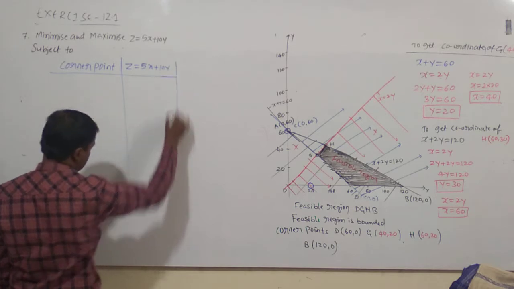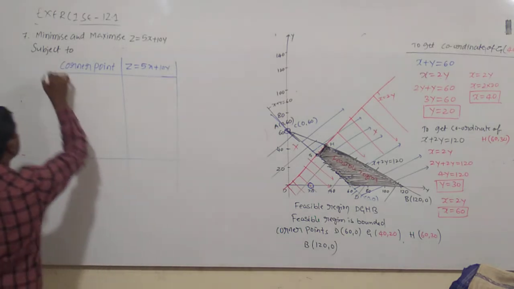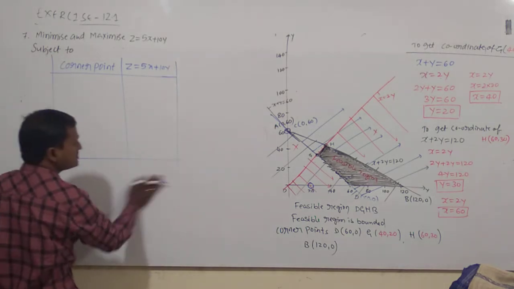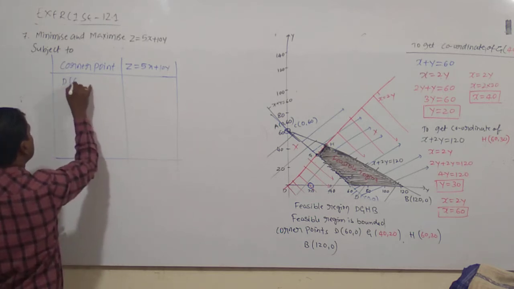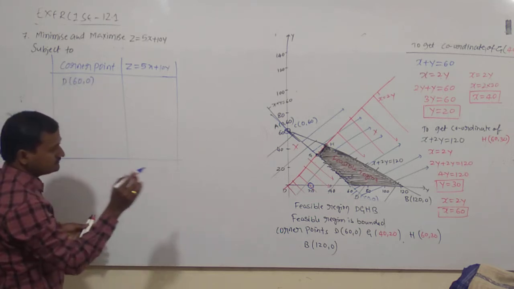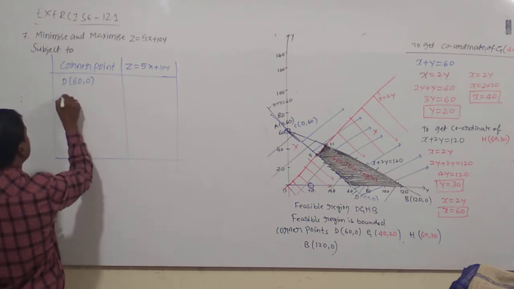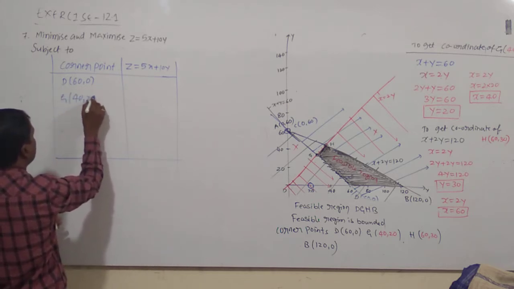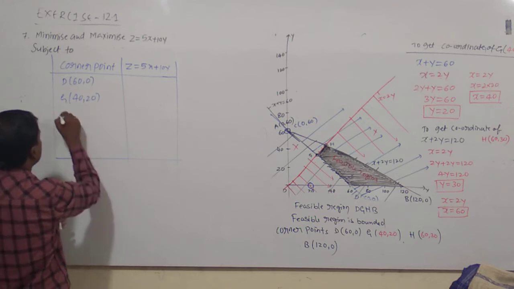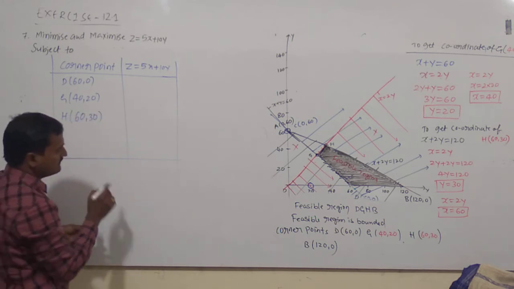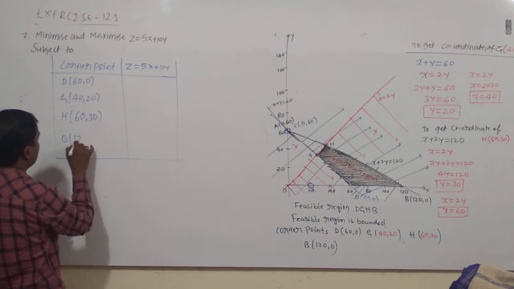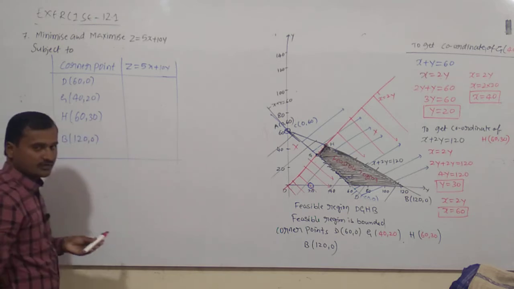Here the corner points are d of 60, 0, g of 40, 20, one more h of 60, 30, and one more b of 120, 0. Okay, right.